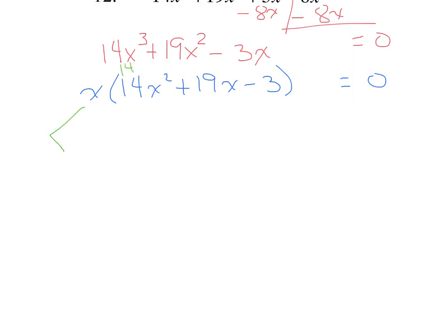We're not going to work with it right now. We're just going to work with this trinomial. 14 times 14 is 196. 14 times 3 is... not 52, 42.